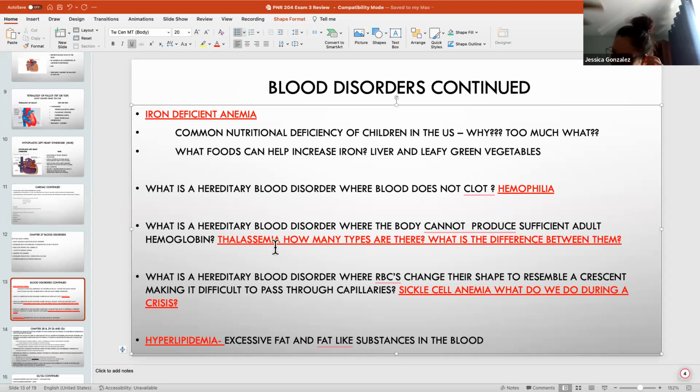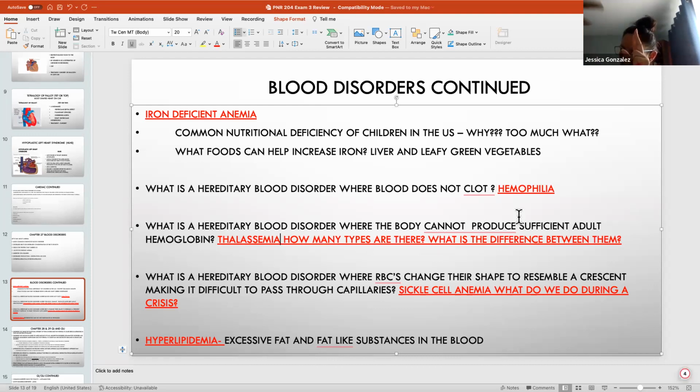Okay. And this is what you asked me, Jessica, the thalassemia. A hereditary blood disorder where the body cannot produce sufficient adult hemoglobin, that's the thalassemia. And that's mainly in the Mediterranean. Yeah, it is. And there's two types.